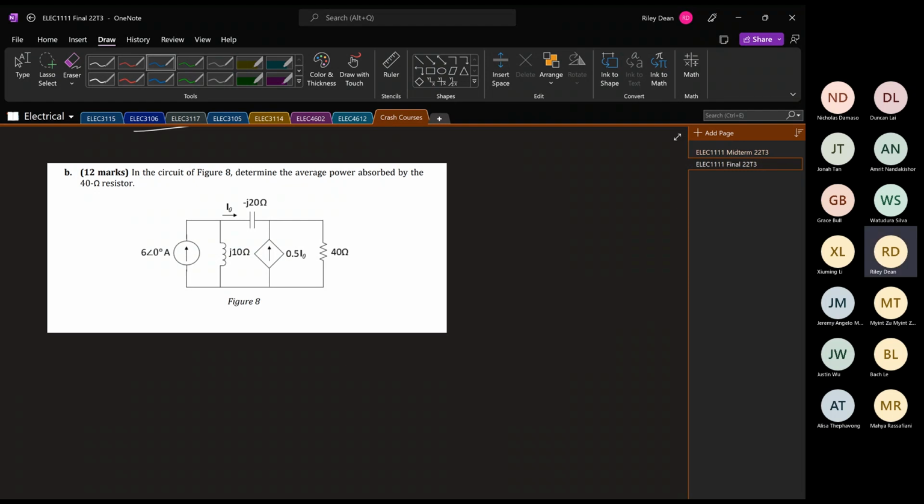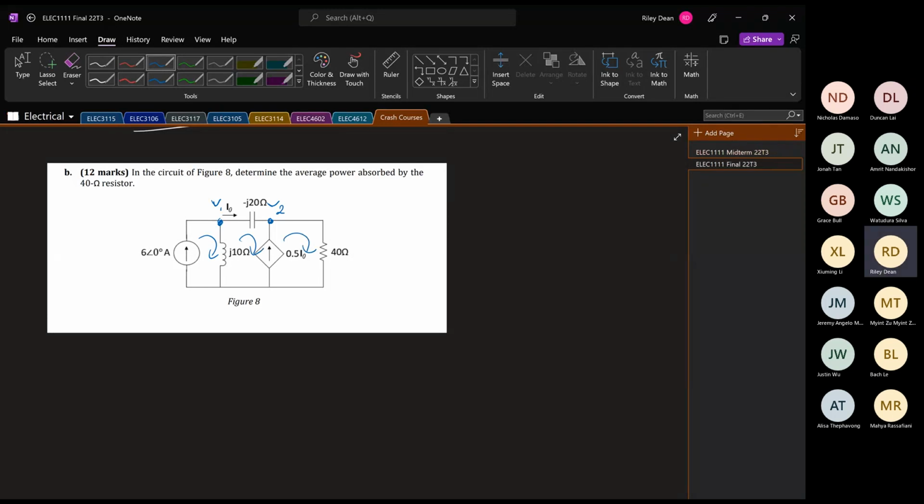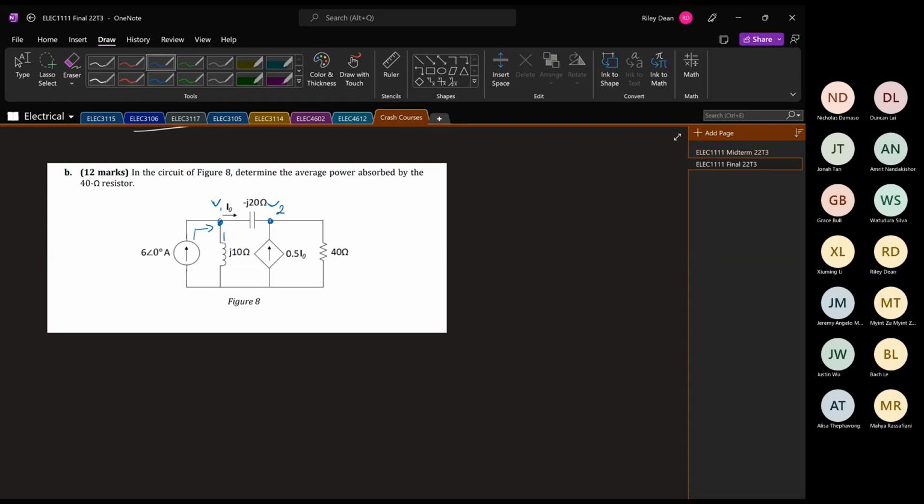For me, I reckon our best plan is to do nodal, as we have only the two nodes we have to look at, rather than 3 meshes and a super mesh. So we'll look at those. I'll just quickly draw the directions of all the currents just so we can get some consistency. And now let's get cracking.